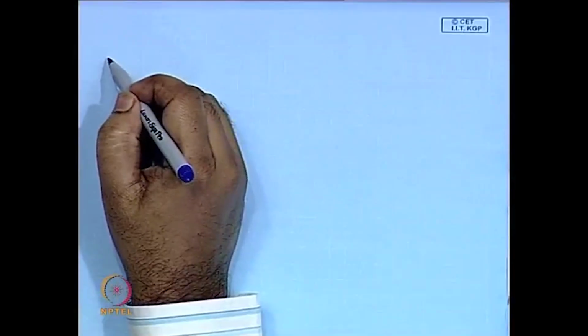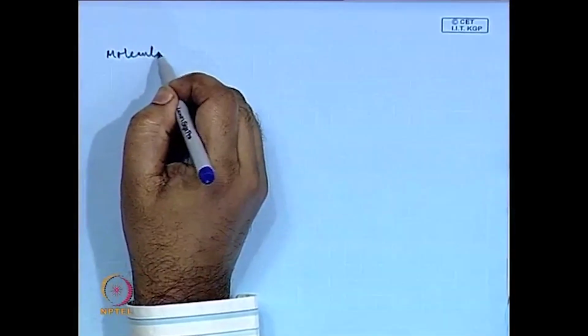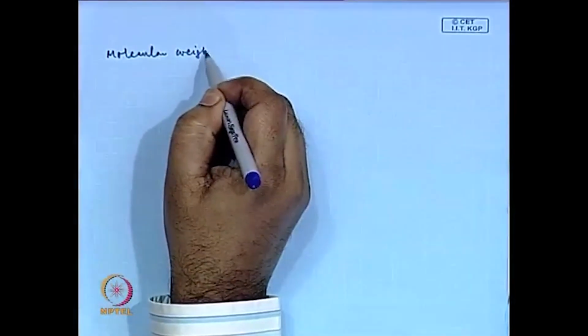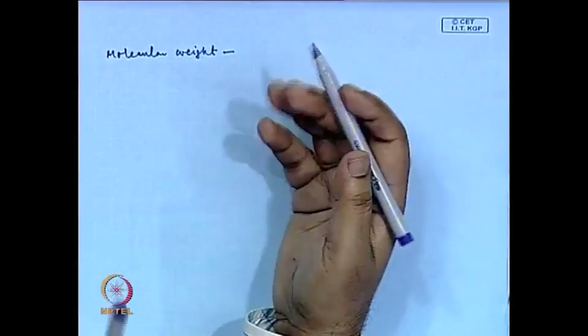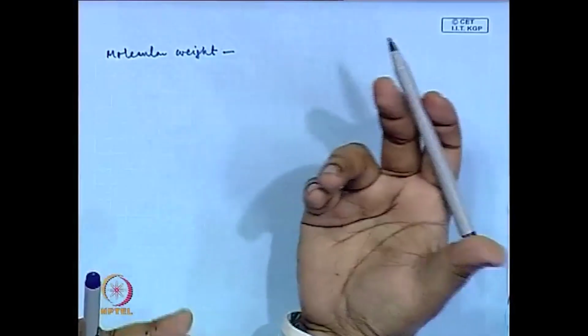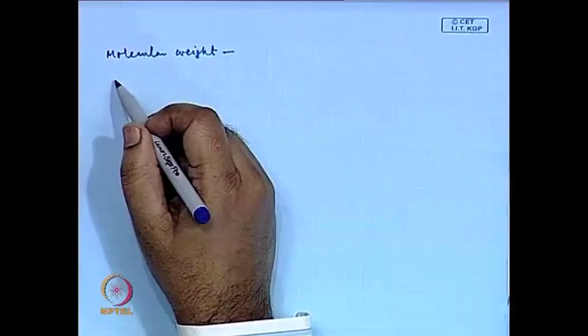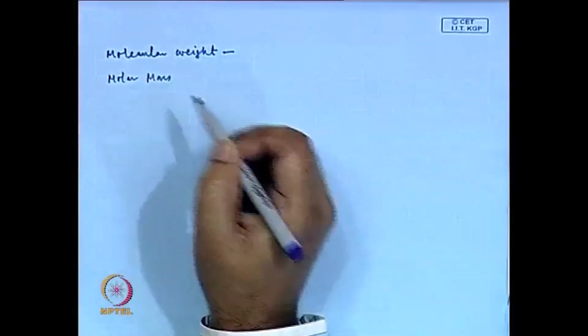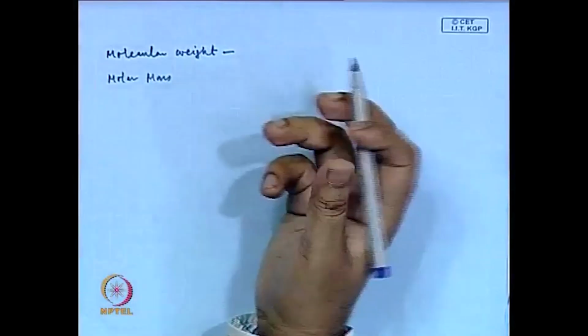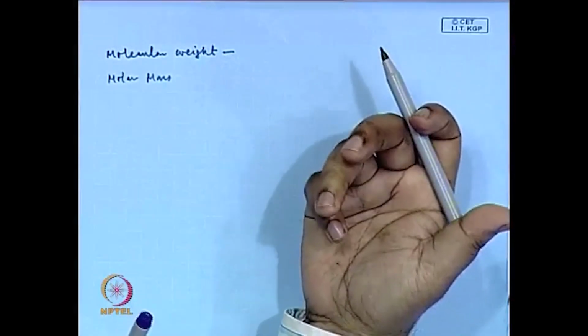So, after this nomenclature, we will move to one of the important aspects of polymers: molecular weight. Now, molecular weight is a relative term, that means it is the weight of a molecule divided by the weight of isotope C12. Sometimes, more correctly, it is mentioned as molar mass, which is basically the mass of 1 mole of that molecule.